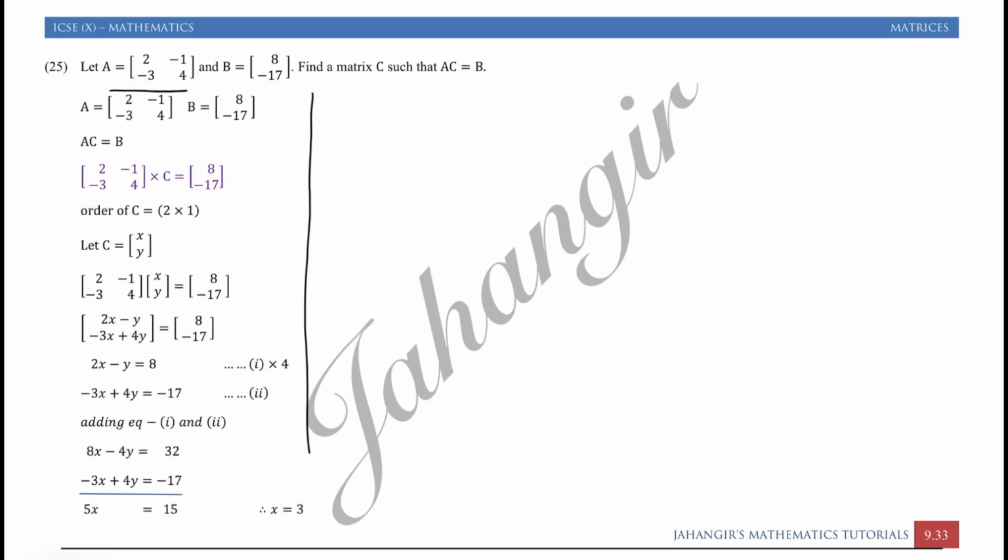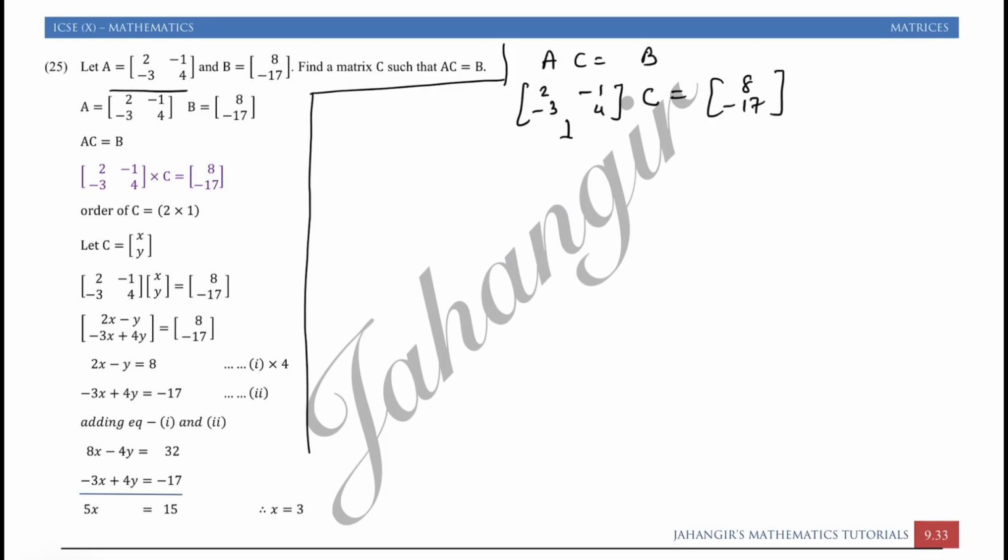Let matrix A be [2 -3; -1 4] and matrix B is [8; -17]. So here AC is given as B. So I will write matrix A, [2 -3; -1 4], into the C matrix, that is equal to [8; -17].